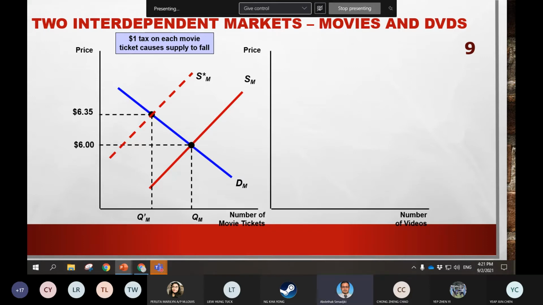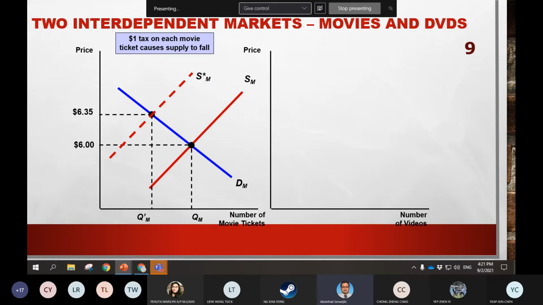But now we are not talking anymore about this, because this is a partial equilibrium analysis. We can go further with the general equilibrium analysis by doing two things.